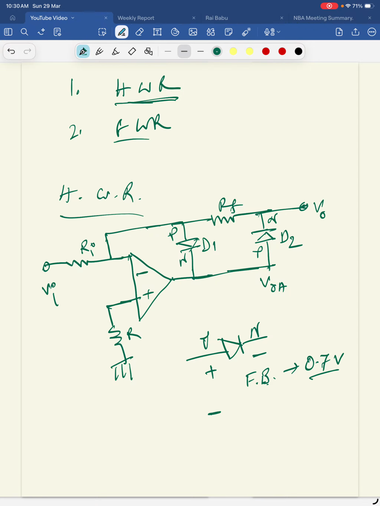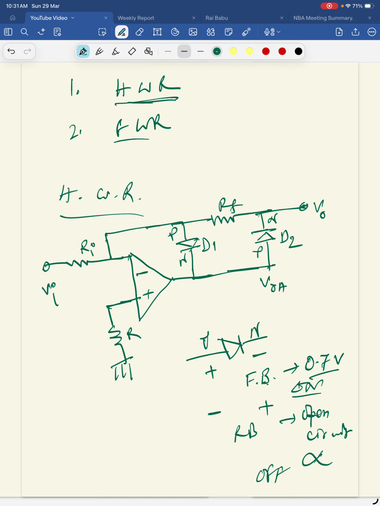If it is minus on the P side and plus on the N side, it is called reverse bias, an open circuit condition, where you can say the impedance is infinity. So this is the off state and this is the on state. Based on that we will discuss.